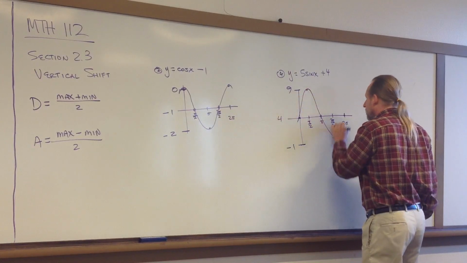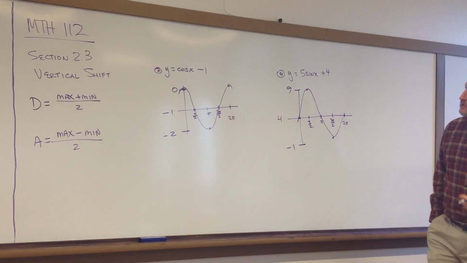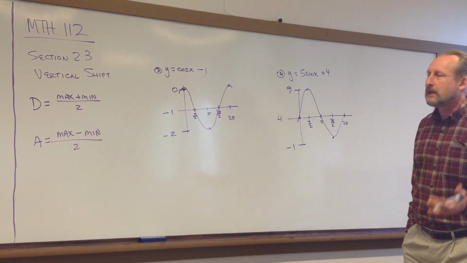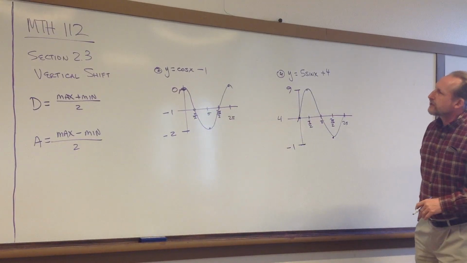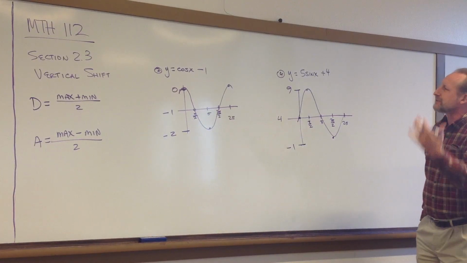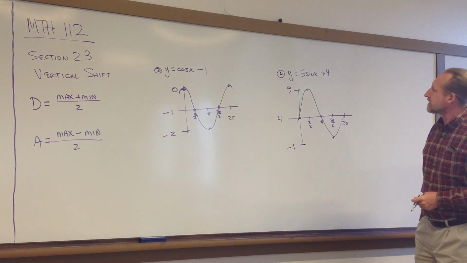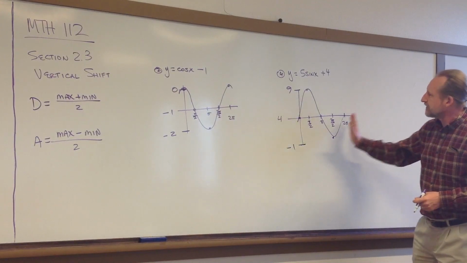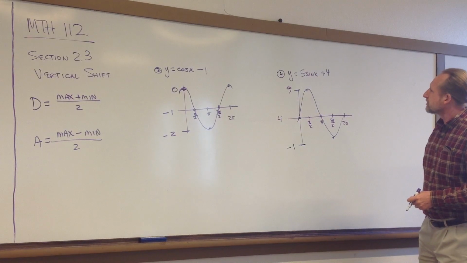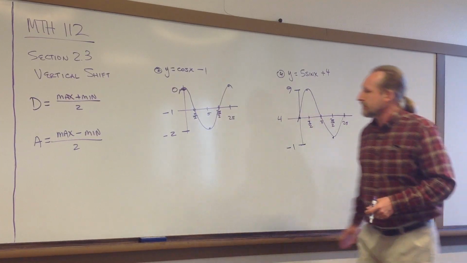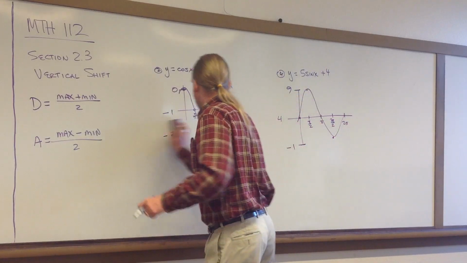I sometimes call that midline the 0 because in the standard sine and cosine functions it is 0, but that's equivalent. To me, it's equivalent to say 0 or midline. Okay, it just helps to define the shape of the trigonometric function. All right, so I think that's good for number 4.